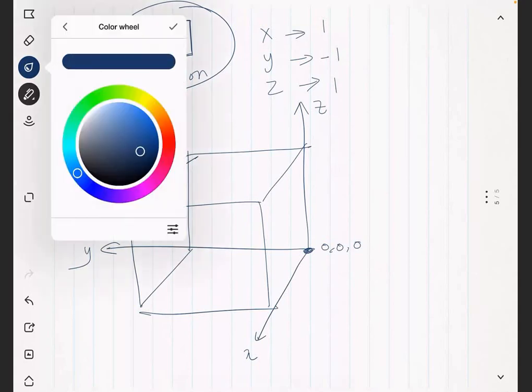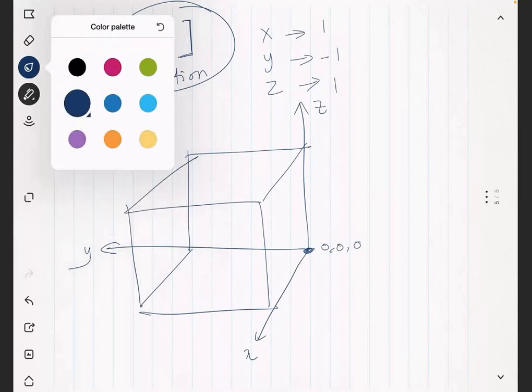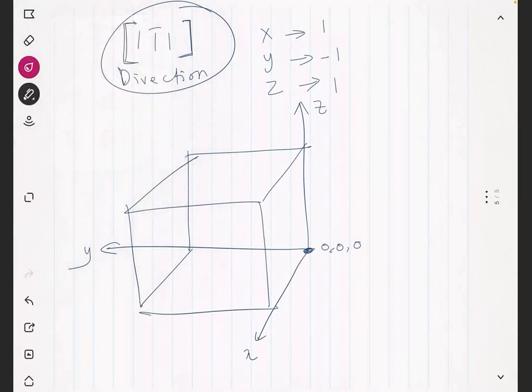Alright. So to draw the direction, you start with 0 here at the origin, and then it moves in the positive direction at 1. Okay, you move here 1. This is 1. And then y -1, to this direction, go to 1 in the y direction, and z is 1.